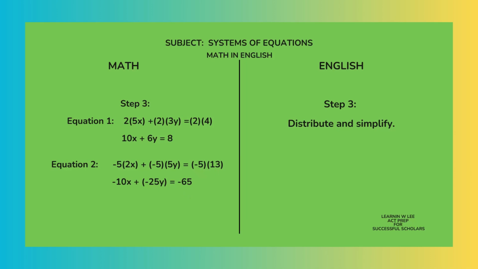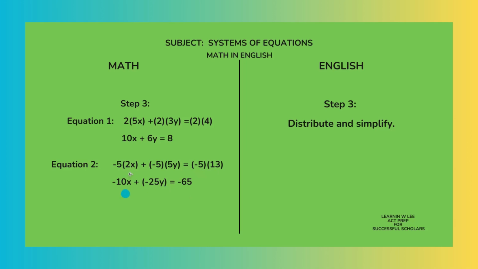Another reminder, if you're brushing up on your multiplication and division, if you've ever struggled with multiplying negative and positive numbers, or adding and subtracting positive and negative numbers, make sure you brush up on that.